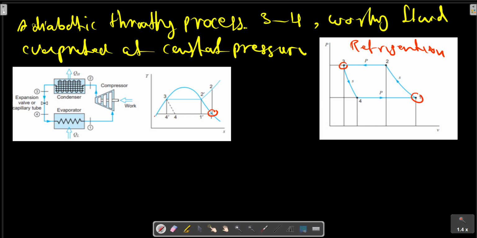In the diagram, 1-2 is isentropic compression, 2 to 3 is heat rejected, 3 to 4 is a two-phase process, and 4 to 1 is the heat absorption.